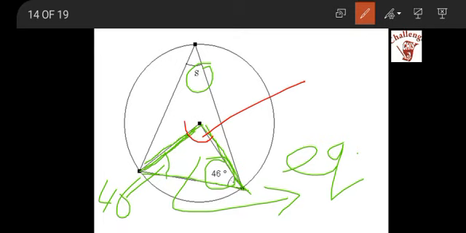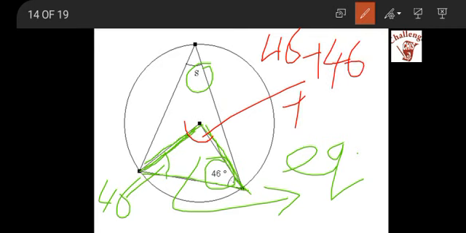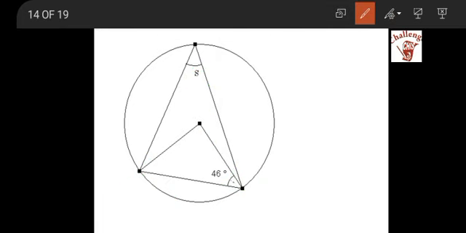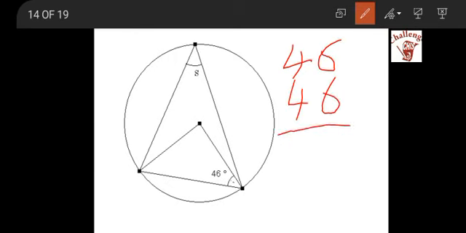To find this angle, we say that 46 plus 46 plus x, naming this angle x, must equal 180. That means 46 plus 46 equals 92. And then 92 we subtract from 180, as in a triangle.